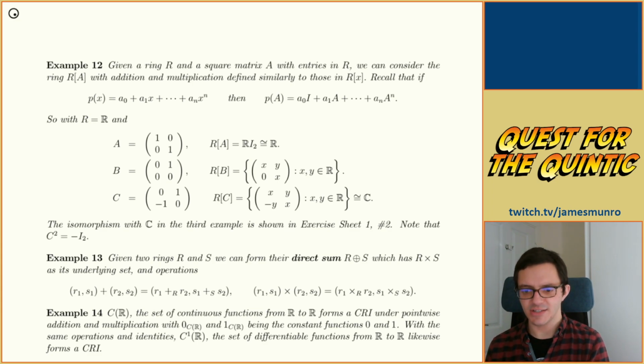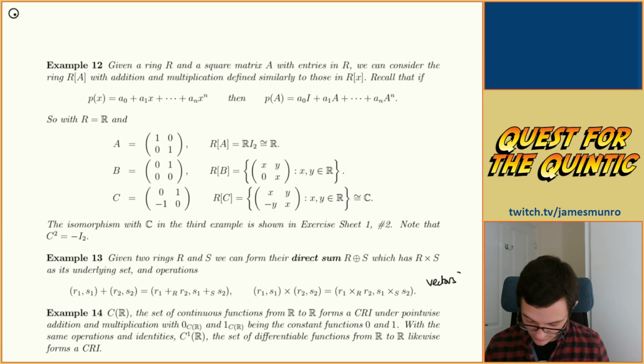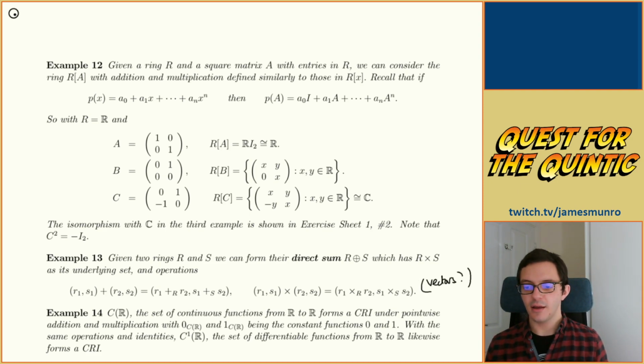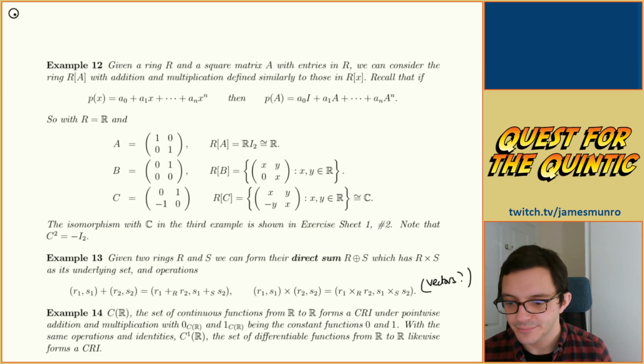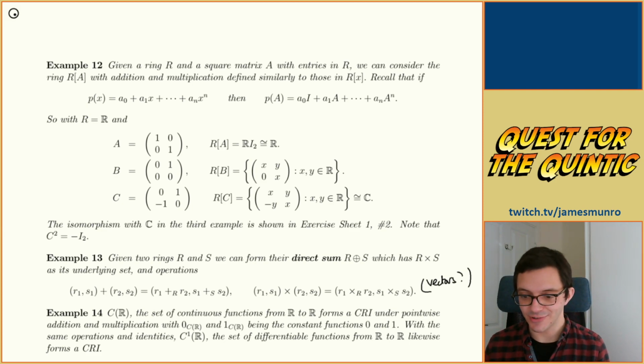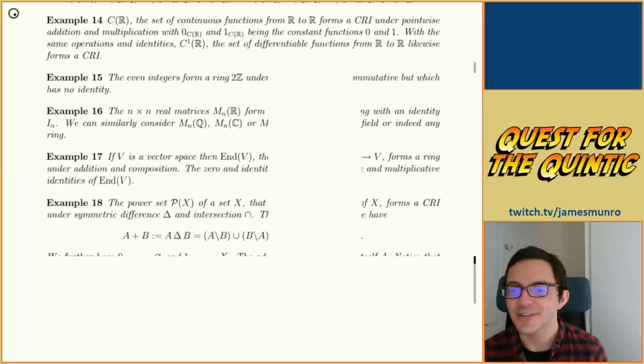Yeah, these things look like vectors in example 13. We've got continuous functions, which sounds really complicated. Yeah, okay. Sure, I believe it. So continuous functions. This sounds like to engage with this, I need to remember a lot about continuous functions as well.